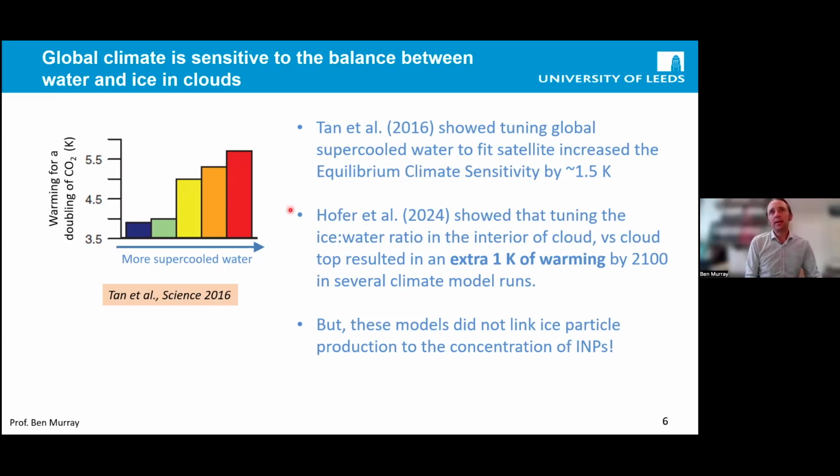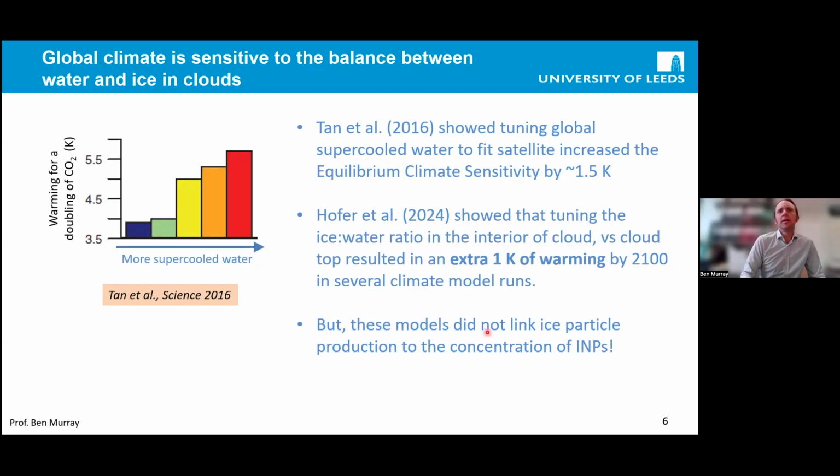And more recently, people have shown similar things. So, for example, Hoffer showed that just by tuning the amount of ice in the interior versus water in the interior of clouds to try to be more realistic, they actually produced an extra Kelvin of warming by 2100. And this sort of sensitivity is substantial.